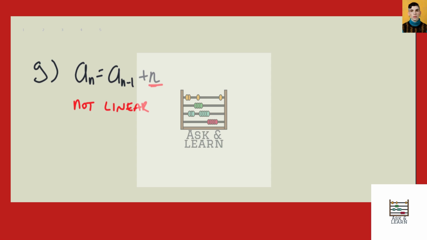And it's also not homogeneous. Right, and it's not homogeneous because of this n again. So n is not a multiple of any of the a_k terms in this sequence. So not linear and not homogeneous for the final letter.